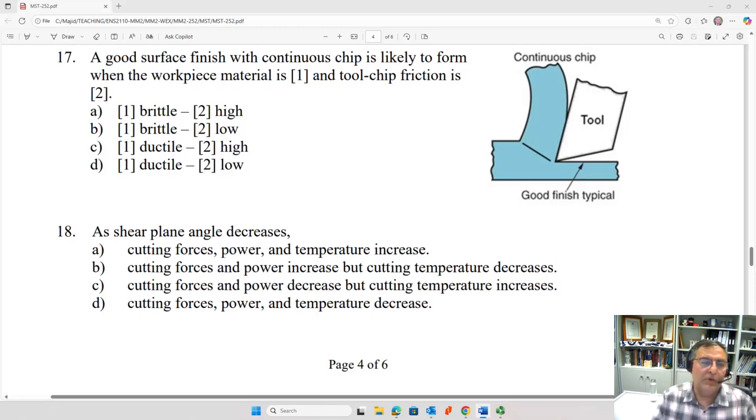But this question is presenting this in the reverse order. As shear plane angle decreases, this is not desirable. Then, of course, cutting forces, power, and temperature all increase. Obviously, all the other ones are incorrect. Next question.